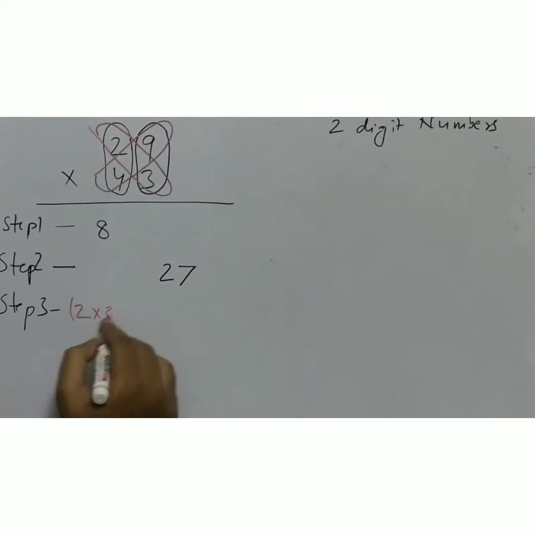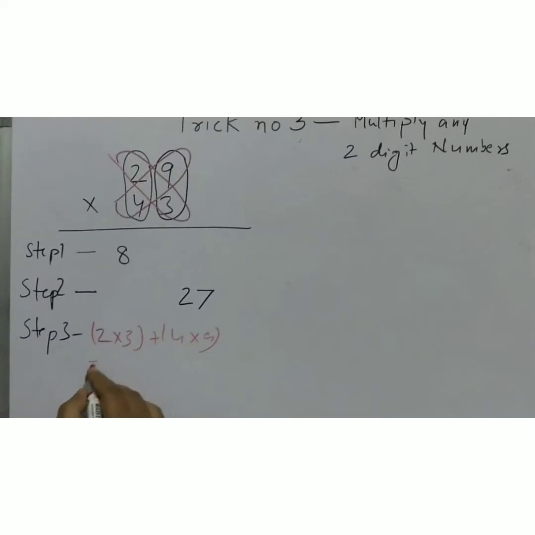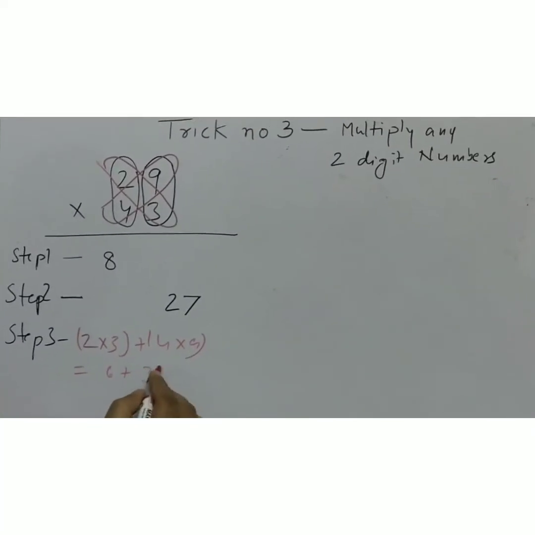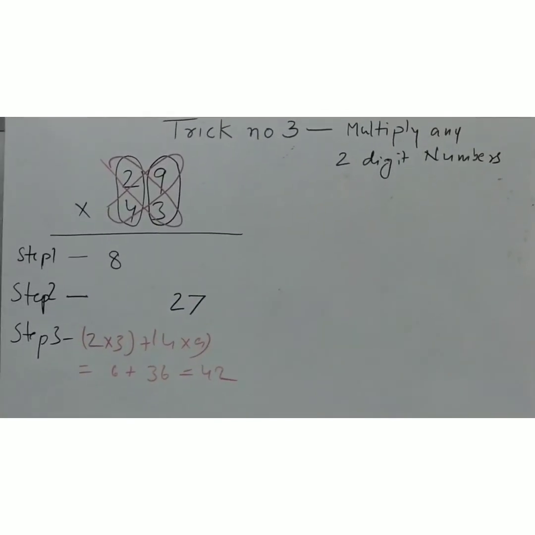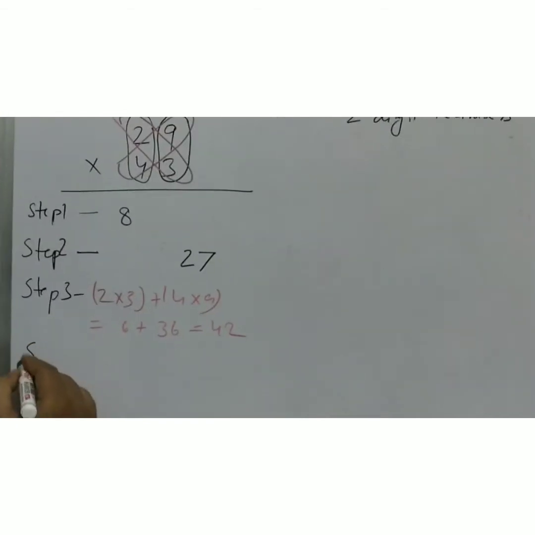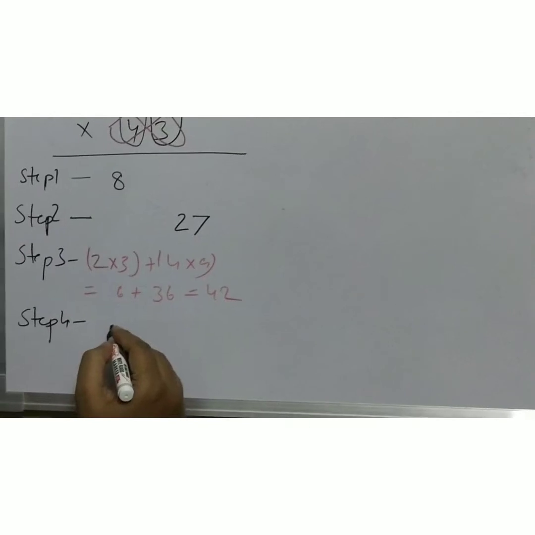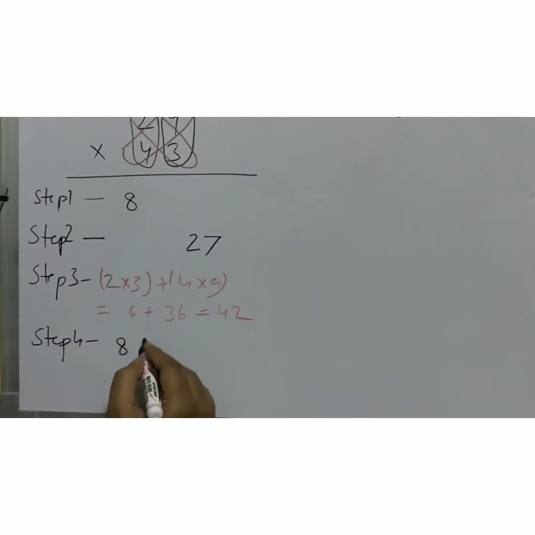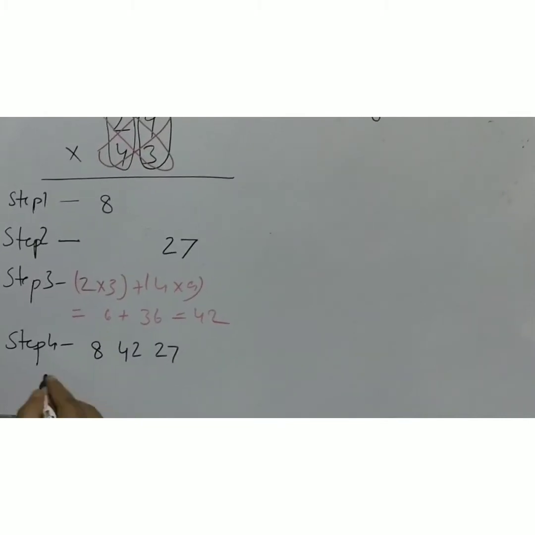So 2 into 3 plus 4 into 9, that will be 6 plus 36, which is equal to 42. And now the last step is how to assemble them. So 8 will be as it is. In the center it will be 42 and in the last we have got 27.